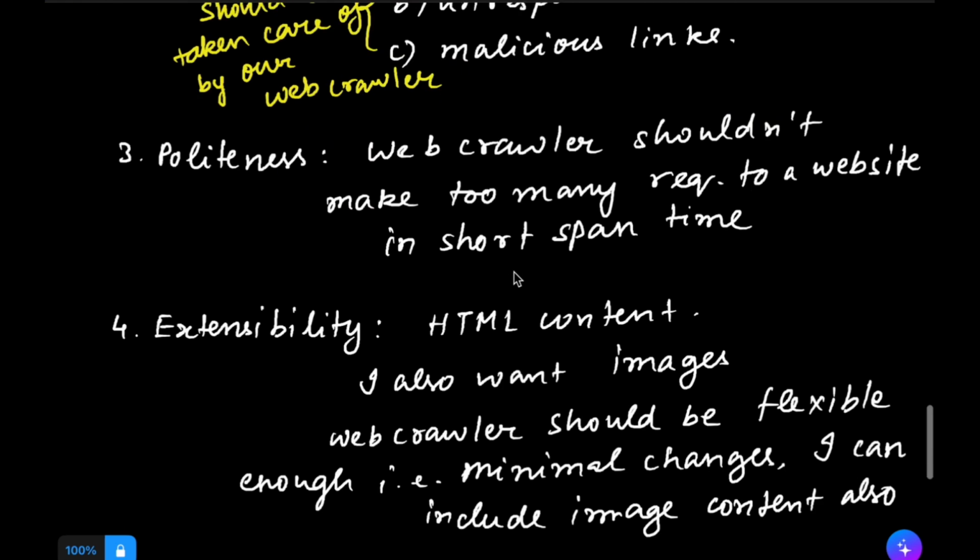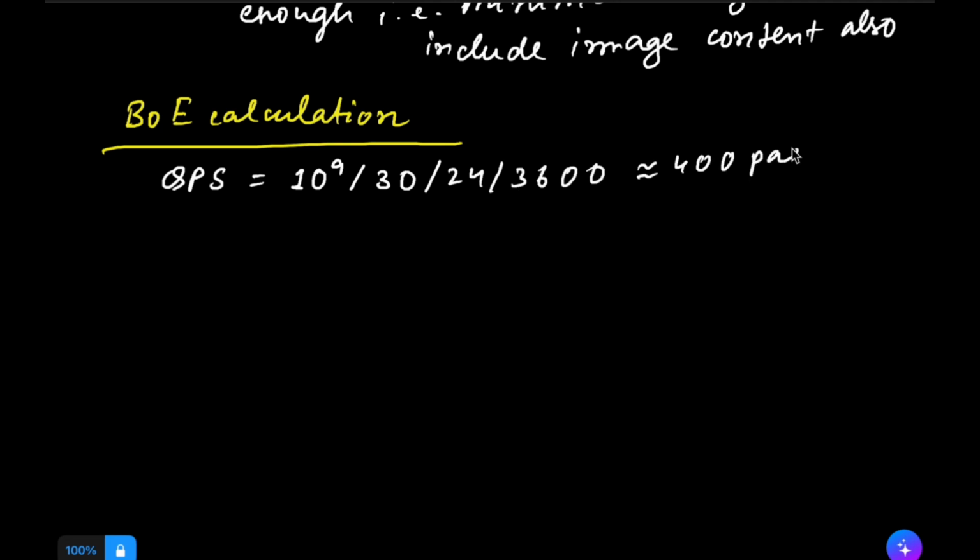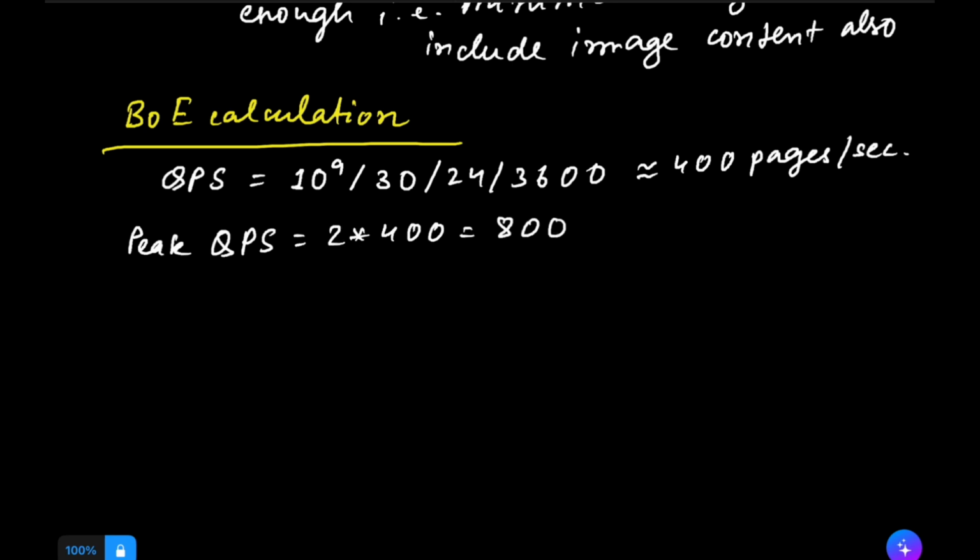So queries per second would calculate to 10^9 divided by 30 days, 24 hours and 3600 seconds. It approximates to 400 pages per second. And we know peak QPS could be double, so it's 800.